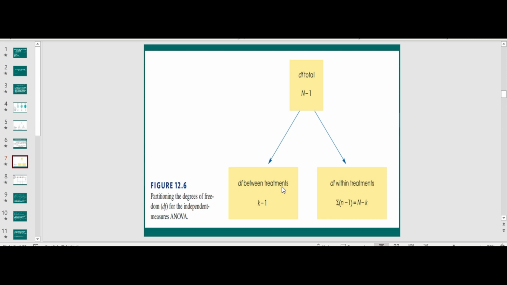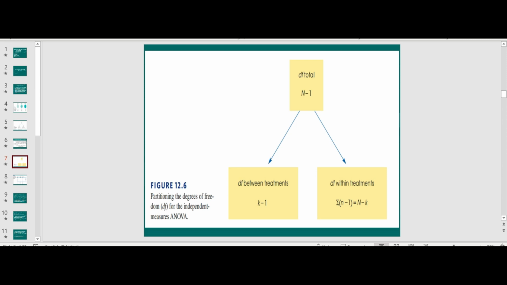For the DF between the treatments, there are three groups or three levels of the IV, which is denoted by K. We compute the variability, or the SS, and the SS formula measures the variability for the set of treatments.